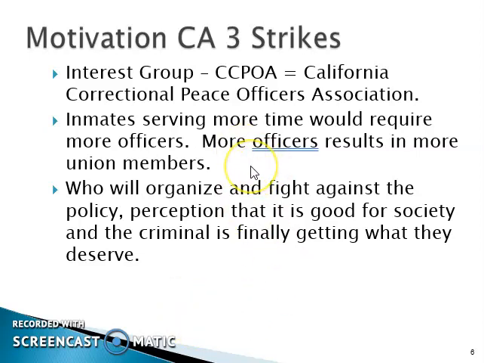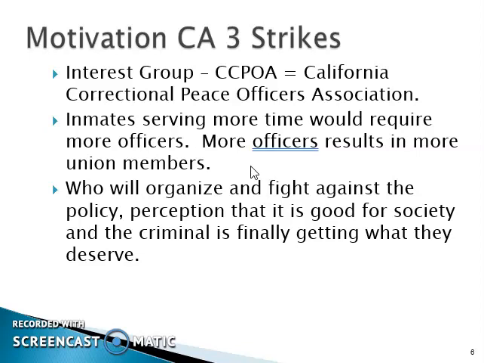So the California Peace Officers Association had a great idea, at least they thought it was a great idea. We need more prison guards. If we have more prison guards, we'll have more dues and we'll be able to influence public policy more with that money. And so they had an idea. Let's pass a three strikes law, which says if you commit three felonies, on the third felony, you can go to jail for 25 years to life.